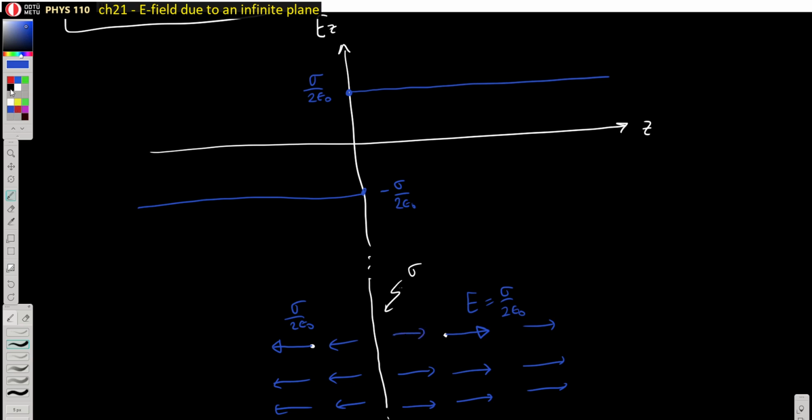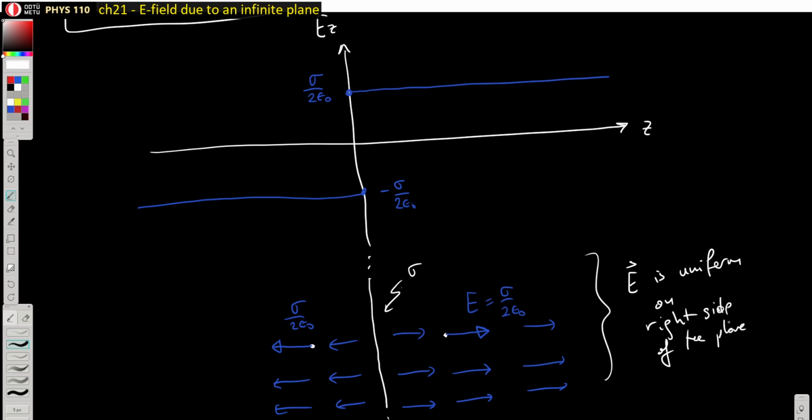So we will say that the electric field is uniform on the right side of the plane, meaning that the field itself, both in magnitude and direction, does not depend on position.